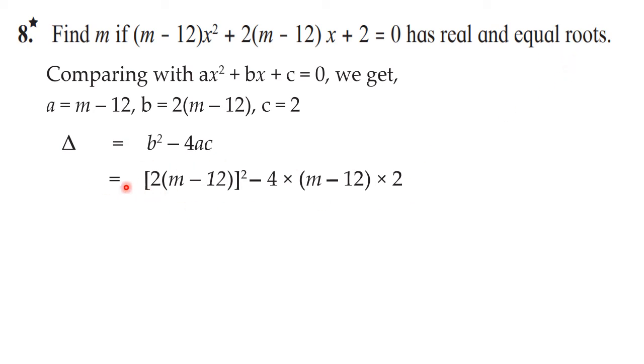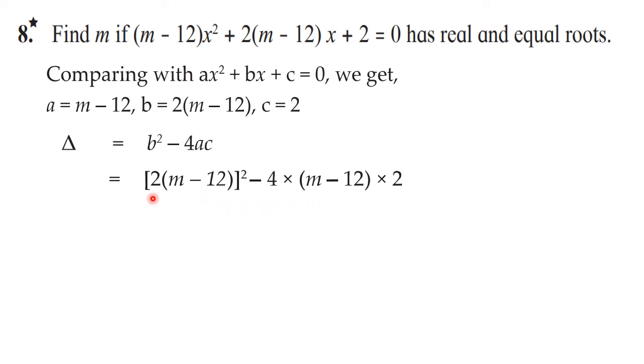Then by taking out common also you can solve it. Here, 2 square is 4, and this bracket you can write as m minus 12 the whole square. In these two terms, 4 is common and m minus 12 is common. So one can solve by taking out common also. But if you cannot go for that, you simplify it here only.